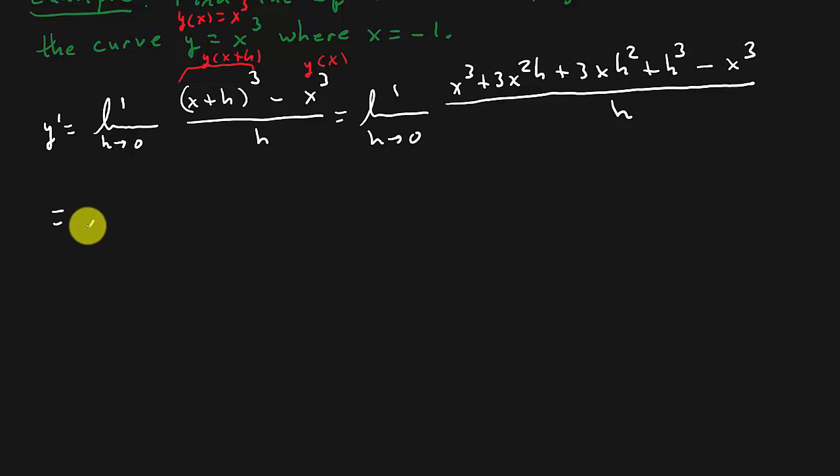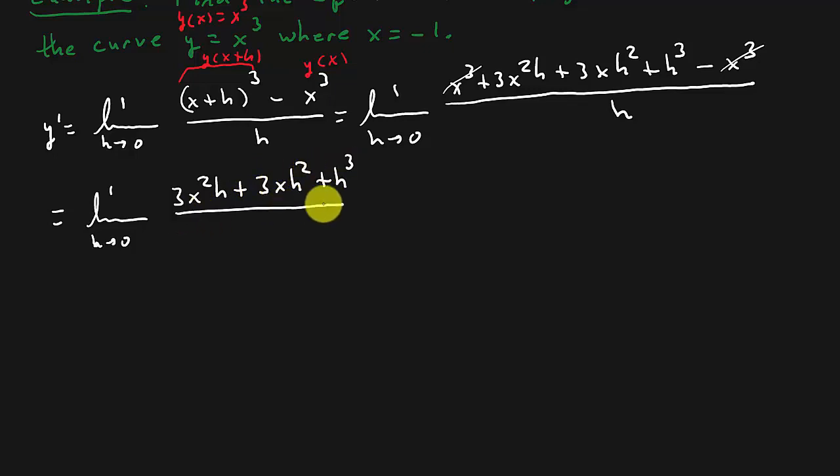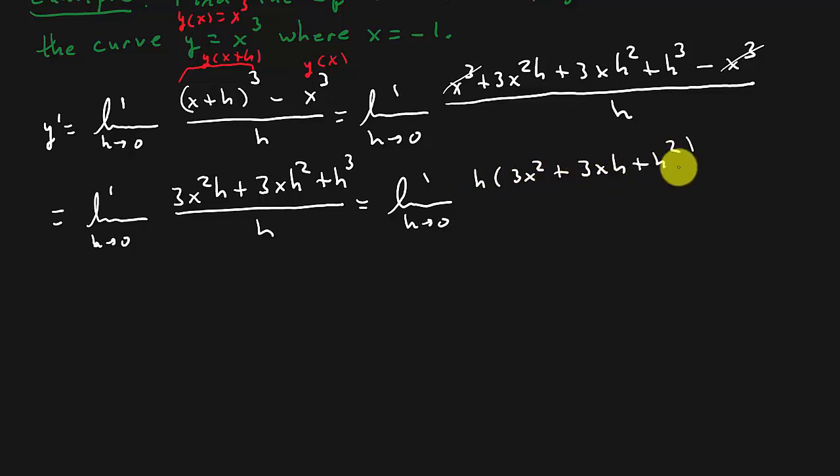So we've got the limit as h goes to 0, and look what happens. You see how the x cubes go to 0. So that's 3x squared h plus 3xh squared plus h cubed over h. And then I can factor out a common factor of h. So that's going to be h times 3x squared plus 3xh plus h squared, all that over h.